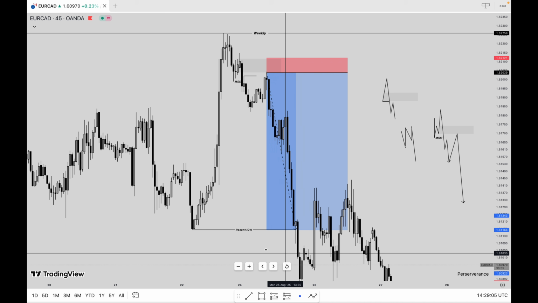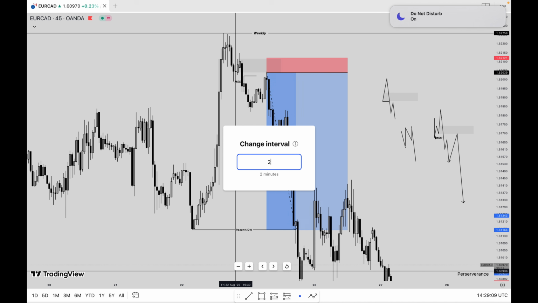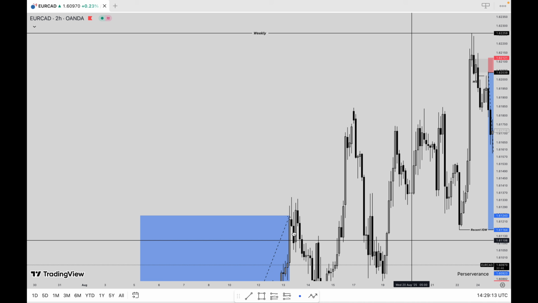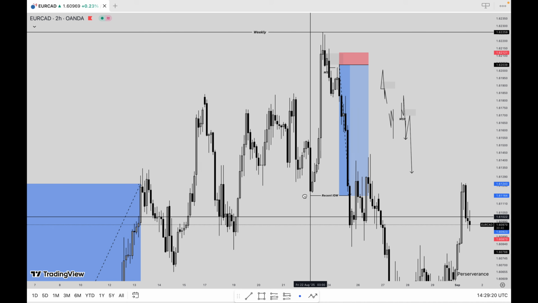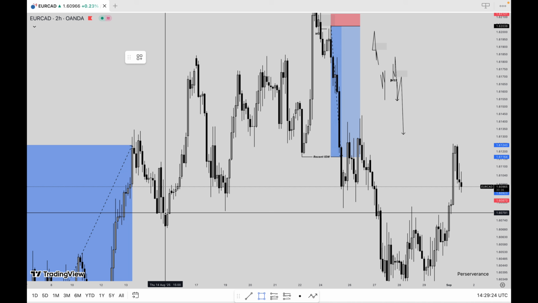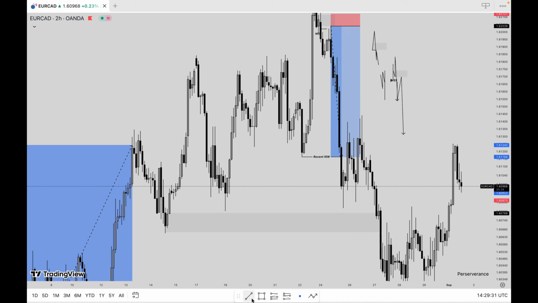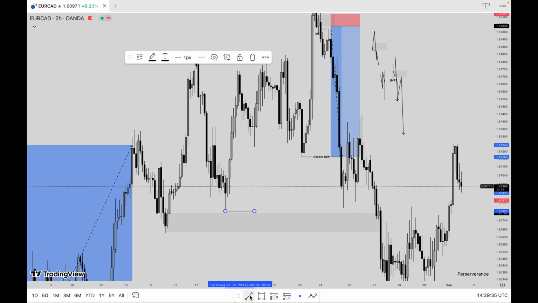I'm going to go to my chart and show you the before of this trade, but before that, let me go to the 2-hour time frame. Now in the 2-hour time frame, the market actually hit my stop loss after this sell, because I was expecting to buy the market from this particular order block. Since we are in an uptrend, I was expecting to buy the market from here, and we have this inducement, and then we confirm our inducement.